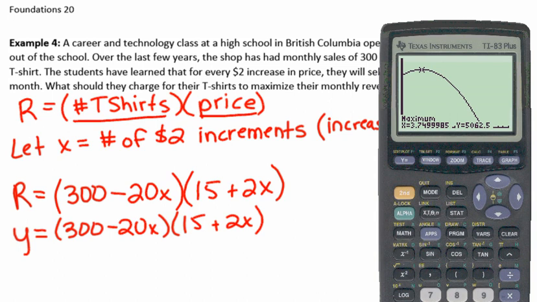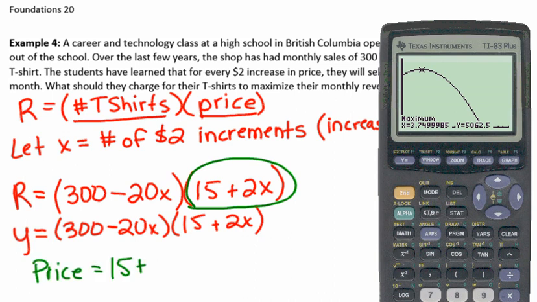So we want to plug that into what price would I charge, and that is our second bracket here. That's 15 plus 2x. So my price is 15 plus 2x. And if we said we made the most money when our x was 3.75, then we want to do the math there.